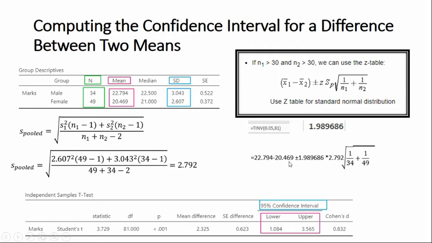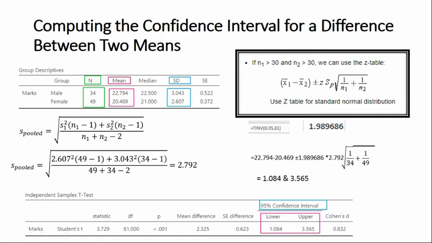I have used these values, the Z value, and this pooled standard deviation, and I have put in the values n1, n2. In this way, I find 1.084 and 3.565.